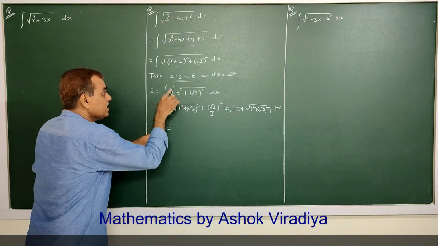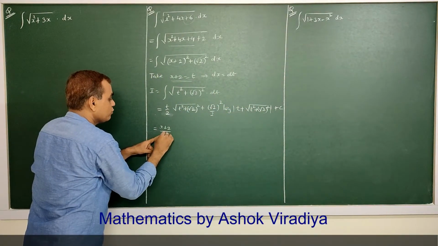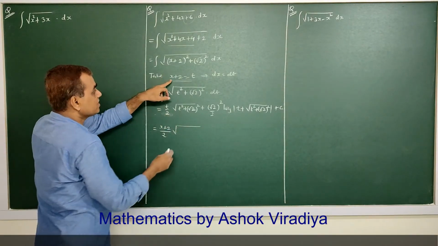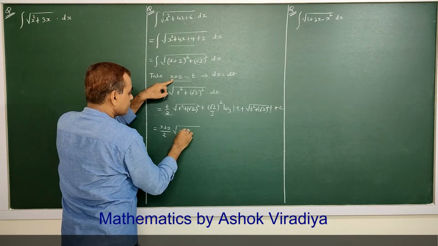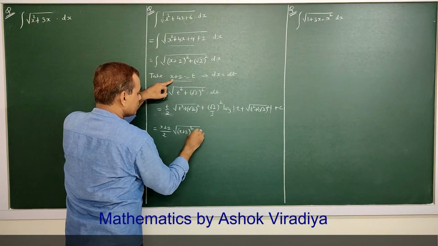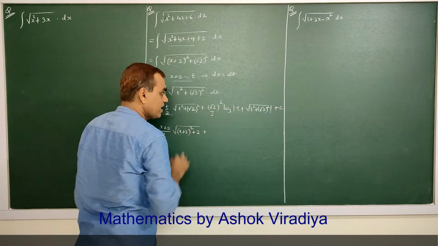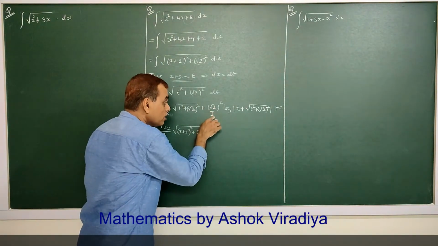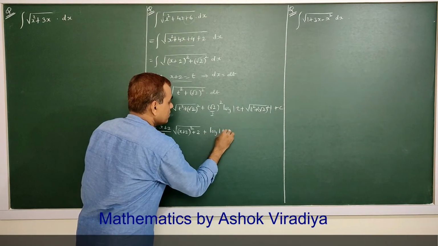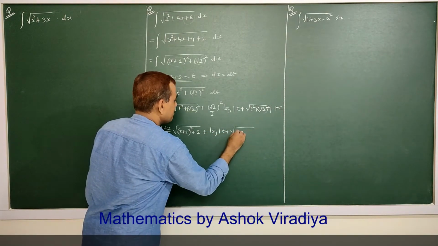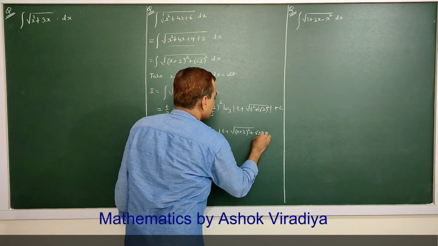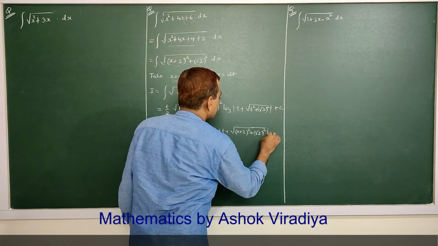So now t is x plus 2, divided by 2 square root of x plus 2 whole square plus 2, plus 2 square is root 2 square is 2, 2 by 2 is 1, log mod t plus root x plus 2 whole square plus root 2 square plus c.